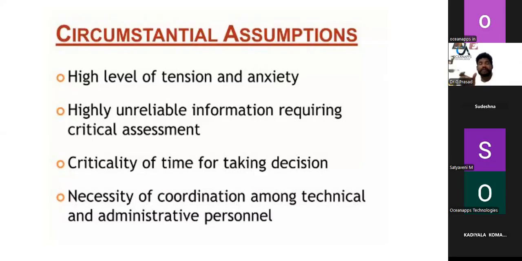That is called circumstantial assumptions. Also: high level of tension and anxiety, highly unreliable information requiring critical assessment, criticality of time-taking decisions, and necessity of coordination among the technical and admin teams. These are all called circumstantial assumptions.